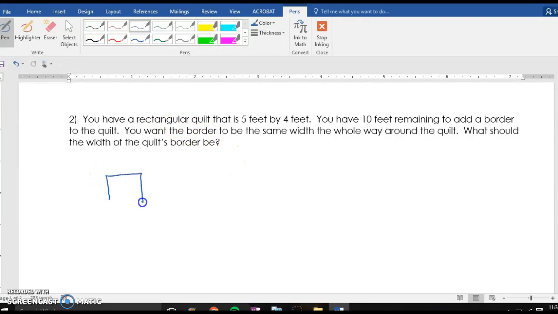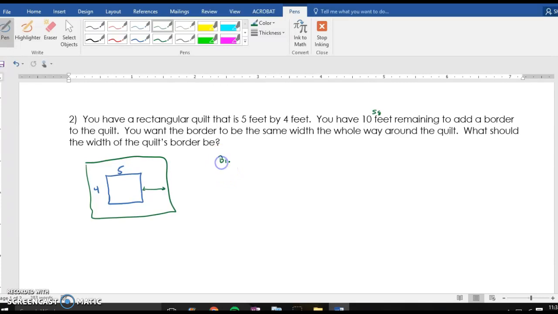So you have 5 feet by 4 feet. And you have 10 square feet, that should be square feet, remaining to add to the border. So they want you to create this border around that's equal on both sides. Okay? We want to know the width of this border. Well, if you look, we're going to say the green rectangle is the quilt with the border.